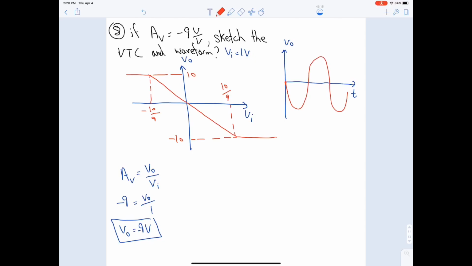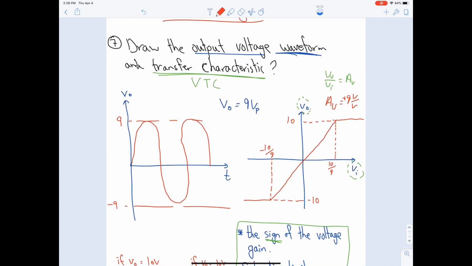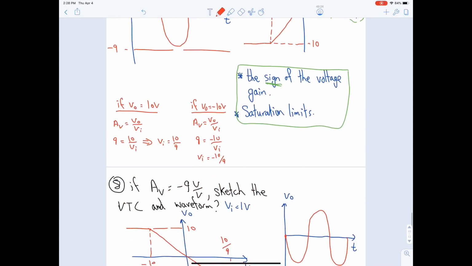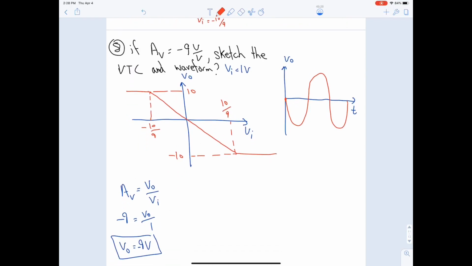Notice here we started from the positive side, whereas here when V output became negative, we started from the bottom. This is very important. The peak values are 9 and minus 9. Let's move on.